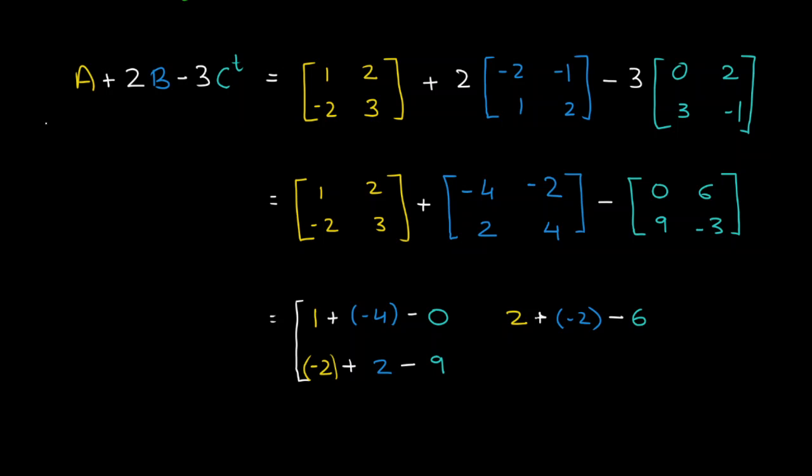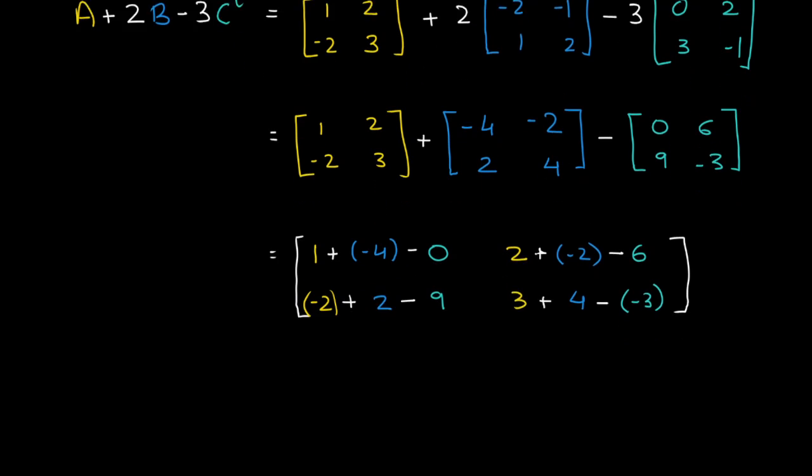Now on to the second row, second column. The first value here is 3, then plus, the second value is 4, and the third value is minus, and your third value is -3. Alright, so we've accommodated all our values now.